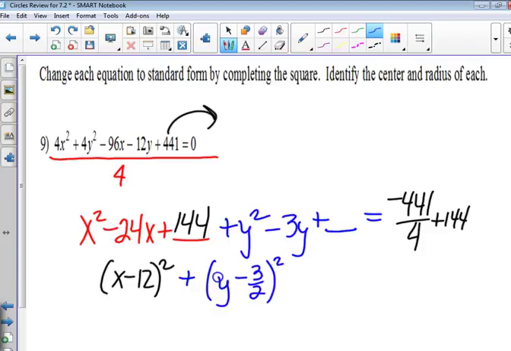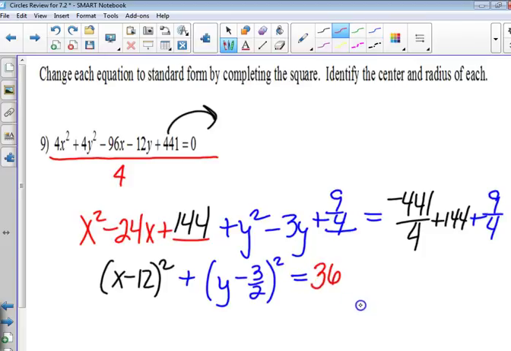Is that going to freak anybody out? When you square it, square the top, square the bottom, and you get 9 over 4. It's okay to just type this in all at once if you type it correctly. You don't need parentheses or anything. Negative 441 divided by 4, plus 144 plus 9 divided by 4.